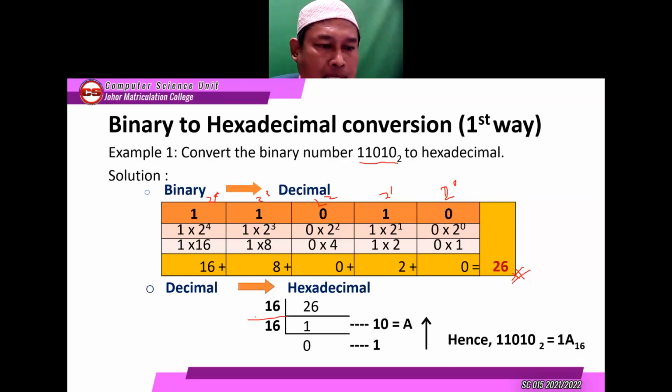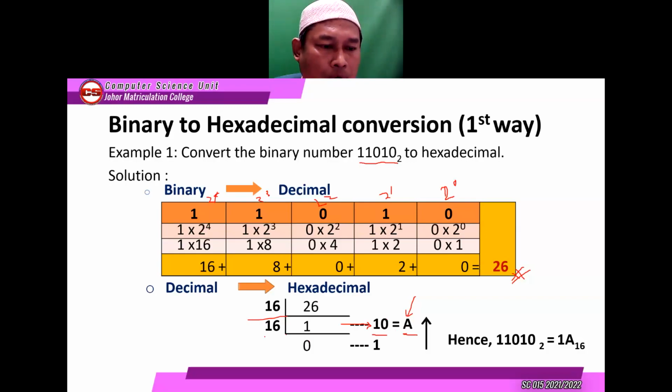So you must divide by 16. 26 divided by 16, you have 1, and the remainder is 10. 10 in decimal numbers, in hexadecimal numbers is A, the symbol of 10 in decimal numbers.